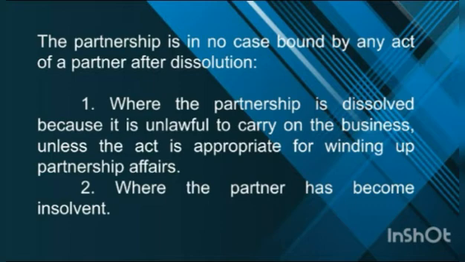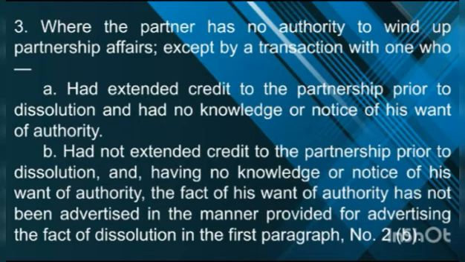First, when it becomes unlawful to carry on the business. Second, insolvency of a partner. Third, unauthorized winding up, except when credit was extended and there was no knowledge of the lack of authority, and no credit was extended and there was no knowledge of the dissolution because there was no advertisement of such.